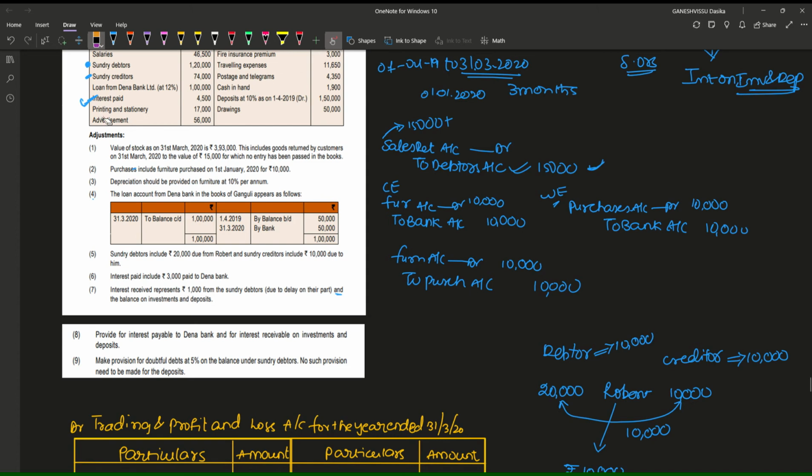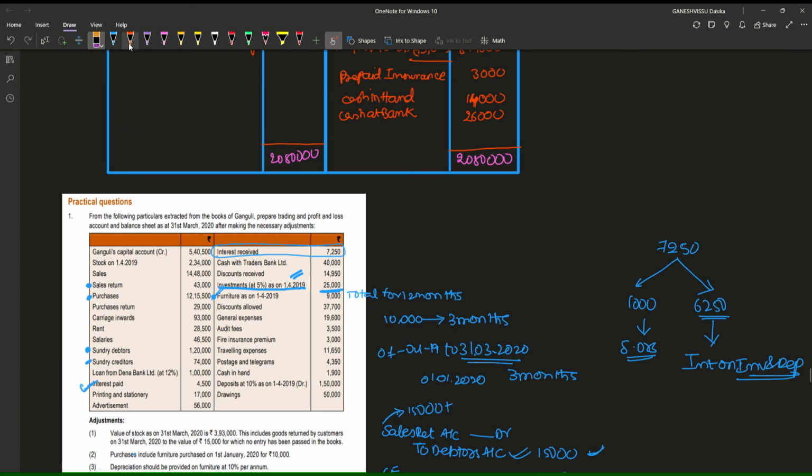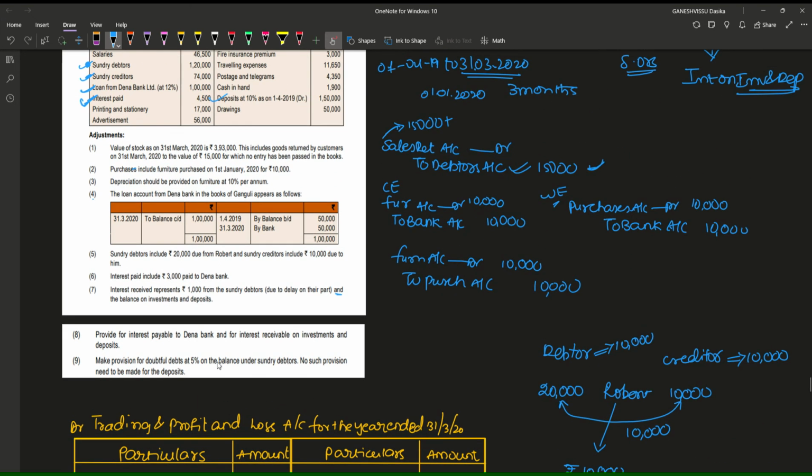Let us take the things which we have completed: loan from Dena Bank completed, sundry debtors completed, sundry creditors completed, investments completed, interest received completed, deposits completed. That is what we have seen up to now. We have completed all the adjustments.